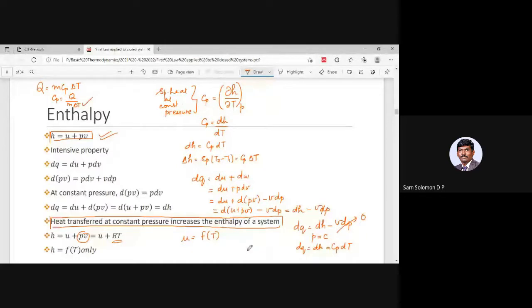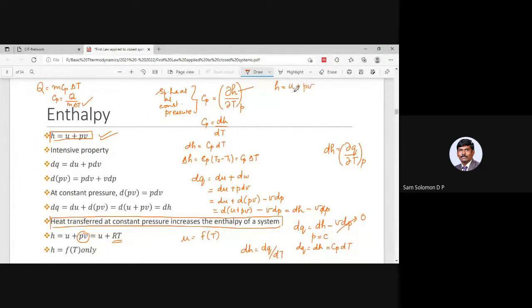So you may tend to write this dH as dq by dT, or you may tend to write it as partial q partial T at constant p. But once again, just like we said in the previous case, enthalpy is a property. Why is enthalpy a property? U plus PV.